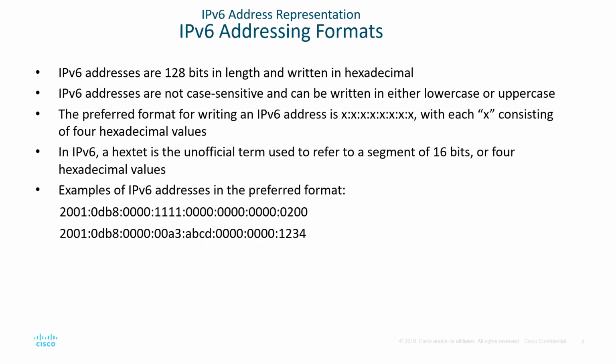Below here, you can see 2 different examples of an IP address. Okay, so 2001 double colon 0DB8, colon all zeros, colon 1111, colon all zeros, colon all zeros, colon all zeros, colon 0200. This is what we call a decompressed version.